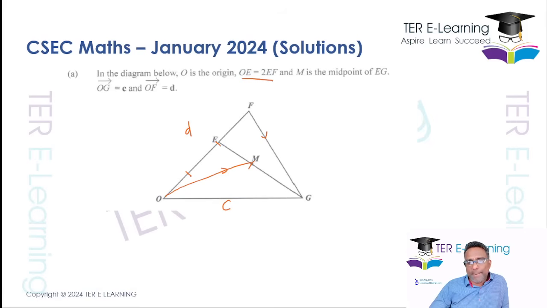So OM is equal to OG, or actually you could go OE plus EM.